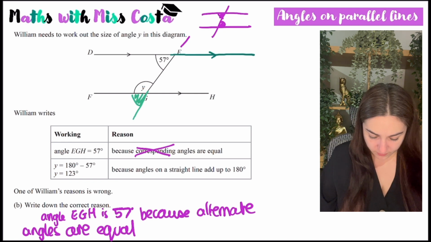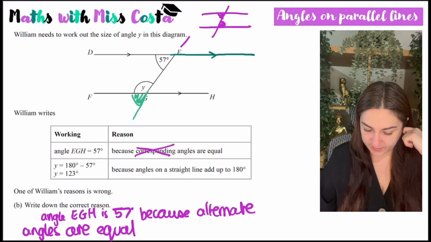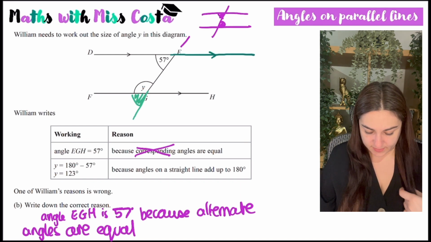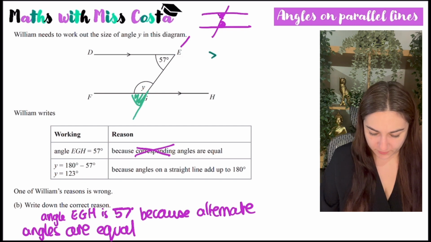His other reason is Y is 180 take away, because angles on a straight line add up to 180 degrees. So that one's also not amazing.